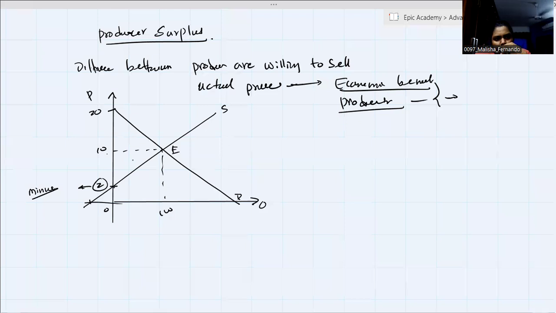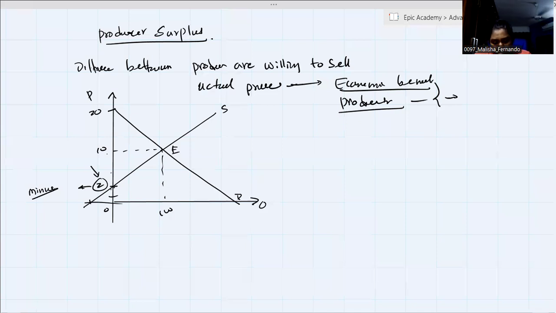This is the minimum price. Actually, he expects 2 rupees. If it is 1 rupee, there is no supply. If it is 3 rupees, there must be supply. So his quantity supplied starts from 2 rupees.